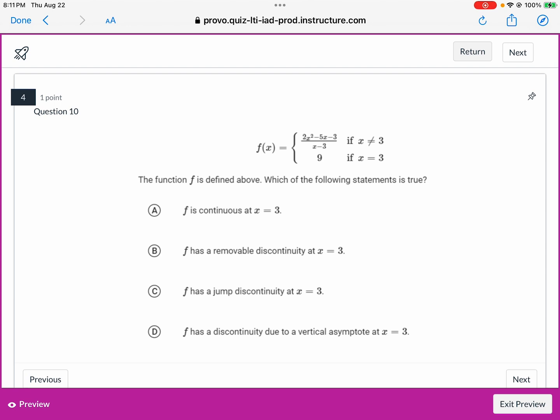So I'm going to say that it's probably going to be A or B, or D, I guess. You just have to check and see if that x minus 3 can be canceled out with a factor in the numerator. Okay?